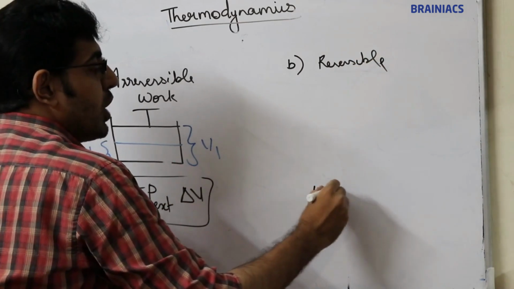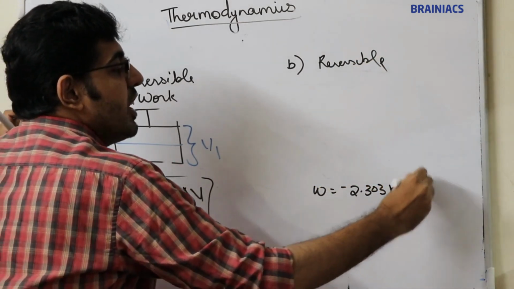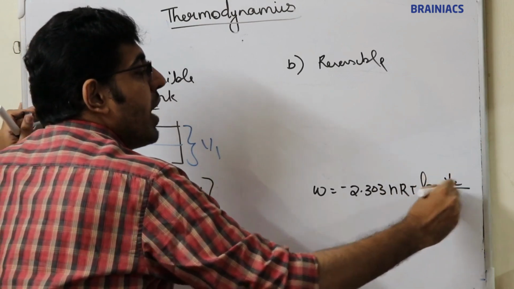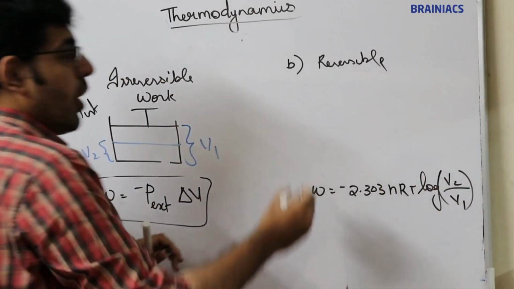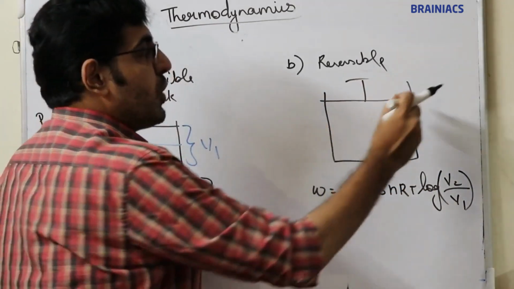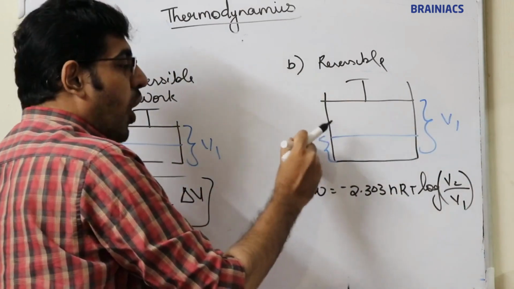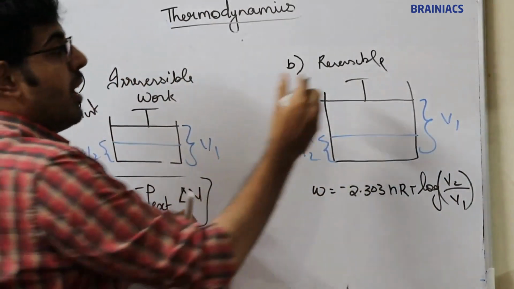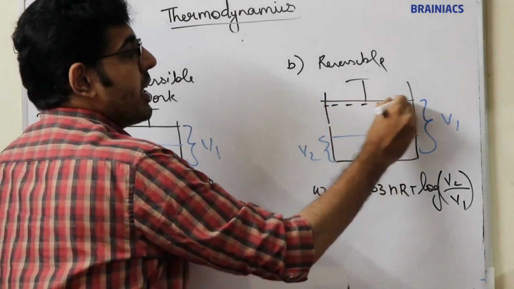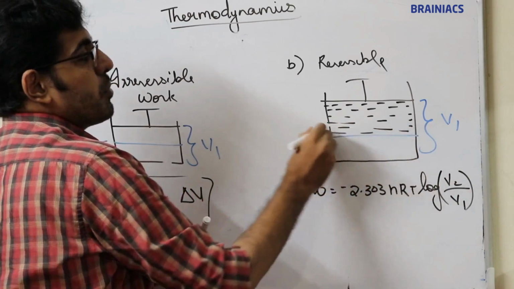Equation: W is equal to minus 2.303 nRT log V2 by V1, right? Now here the piston moves from V1 to V2 not in a single step, but by taking so many steps, an infinite number of steps.